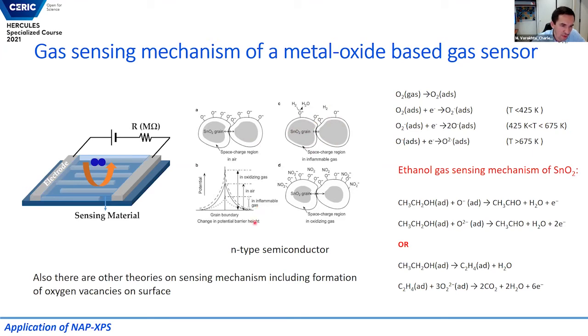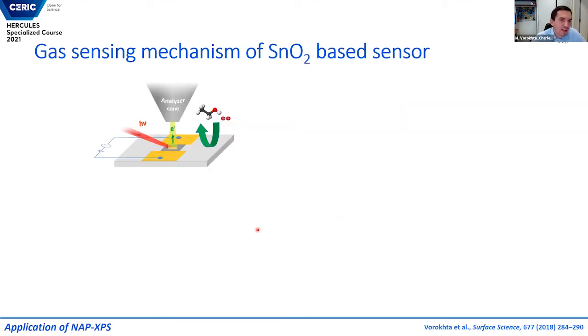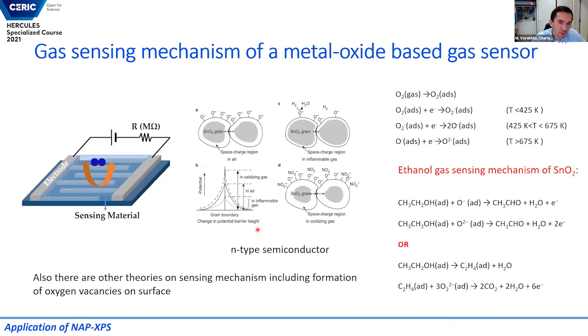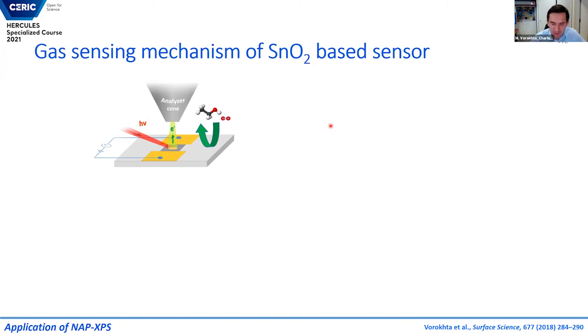So the idea was that we might try to use NAP XPS for such studies. We might try to detect if we can see chemisorbed oxygen on the surface. Also, we can try to explain if there is some chemical reaction, if there is a reduction of the surface. You can see it using NAP XPS.